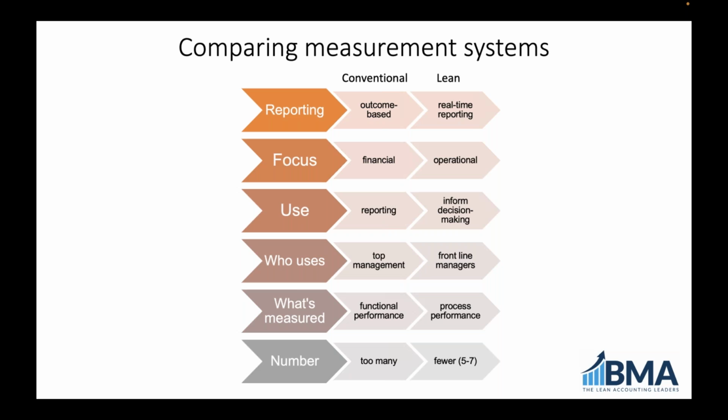Secondly, it's too many measures to really dive in and understand what's driving the measures. So the idea is focus down 5 to 7 measures that are lean focused and support lean thinking, lean operations, lean practices, and work with those.